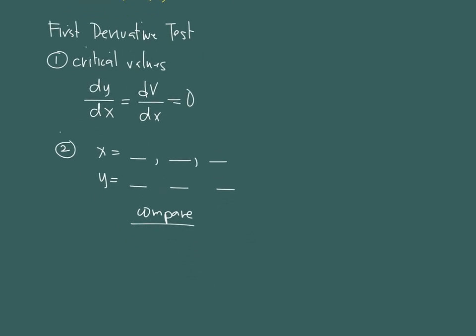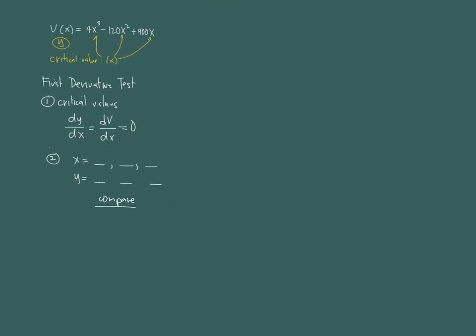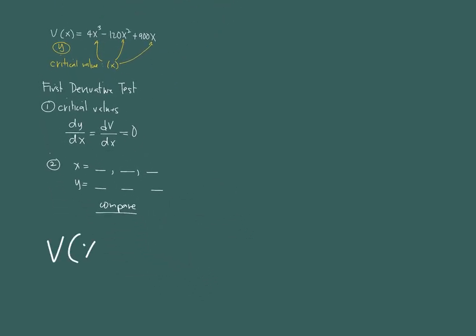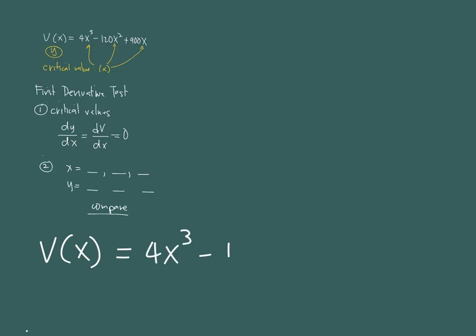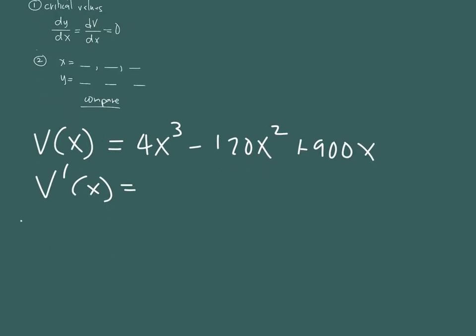Find the critical values. So if v of x is equal to 4x cubed minus 120x squared plus 900x, then v prime of x is equal to 12x squared minus 240x plus 900.